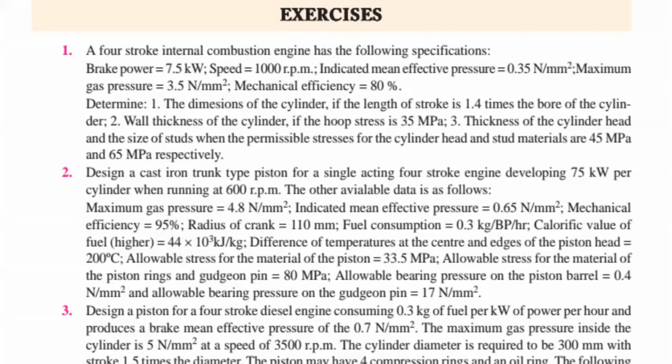Now, after finding the design procedure, you have to identify what parameters are required, what parameters are asked in your given data, and what steps you are supposed to apply. Because you have 4 design steps, which step is suitable and how many steps are required for completion of this problem, those things you have to identify.